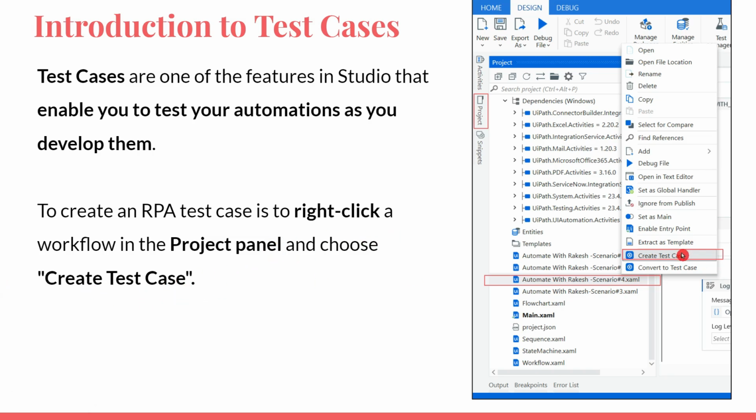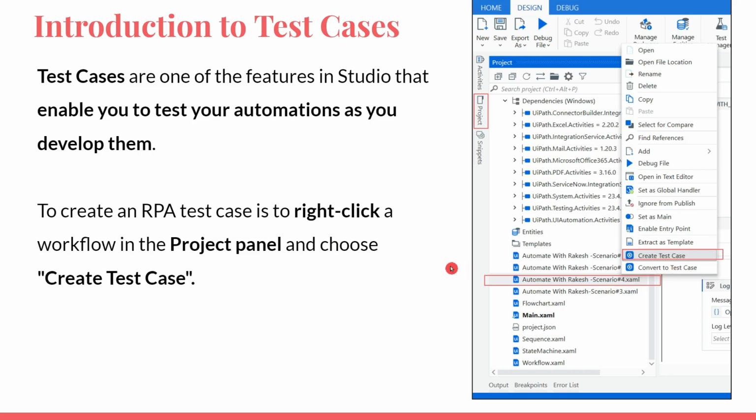Pretty simple way. But what is the use? The main objective is that it enables you to test your automations as you develop them. I want to see if my workflow is working fine or not. I want to see if something is missing, if there is something wrong that I still have to develop. All these kinds of testing can be done by creating a test case.